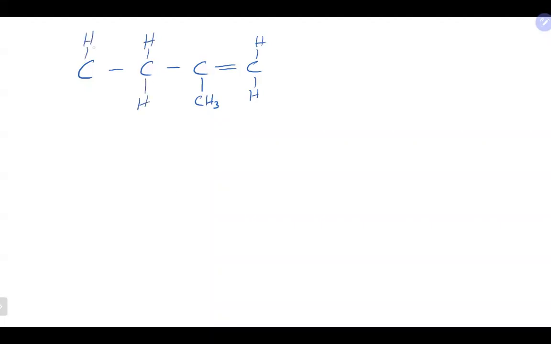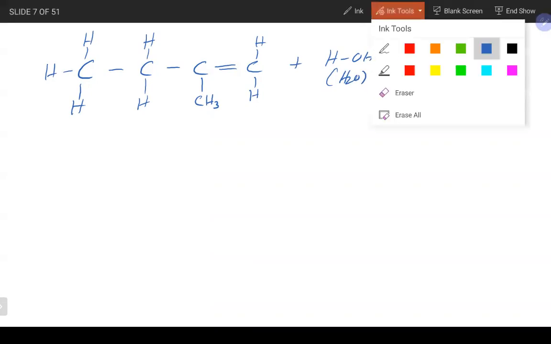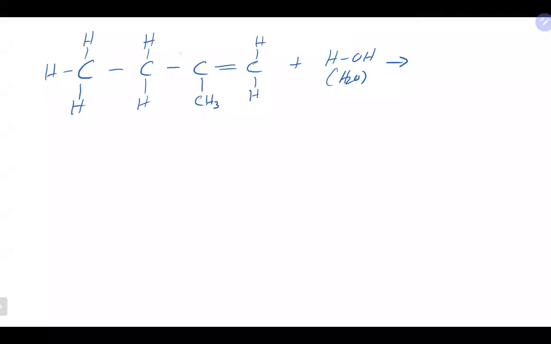All right, let's say we have this and we're going to add water to it, which will be our HOH, right, which is water. Now, the exact same thing happens in this particular case. We're going to focus in on our double bond, and we're going to make it a single bond. Once again, absolutely everything else stays the same.